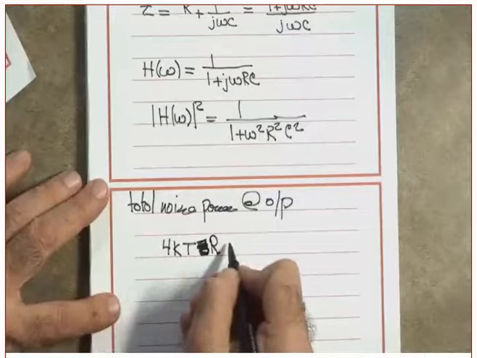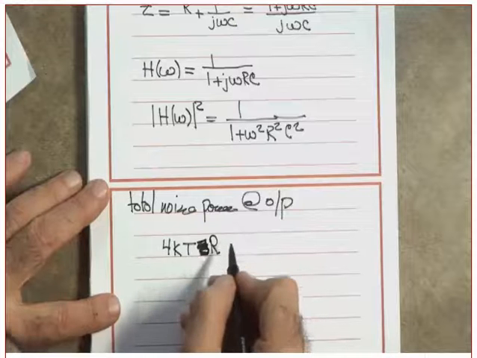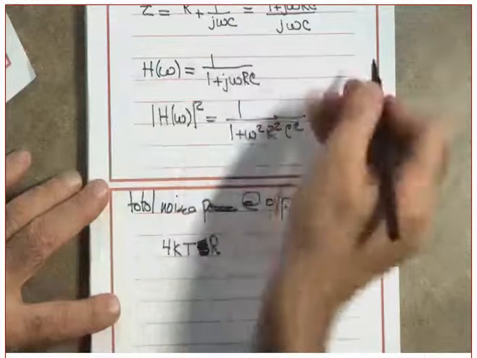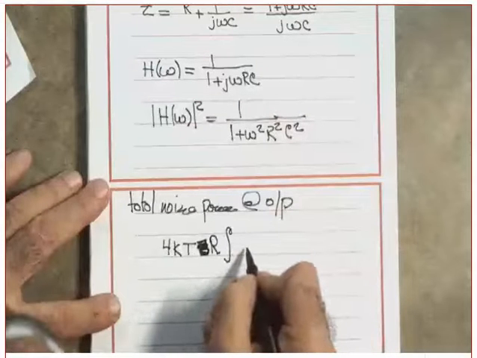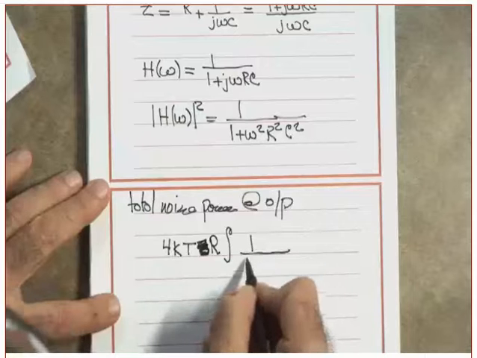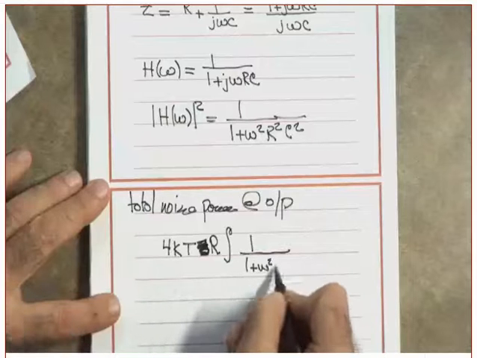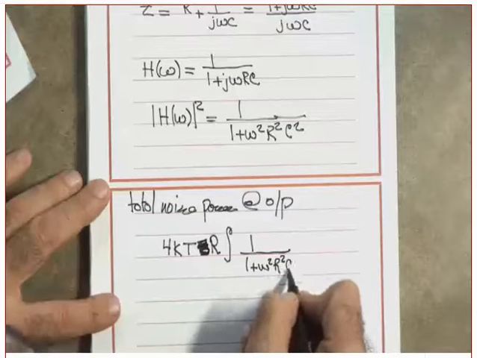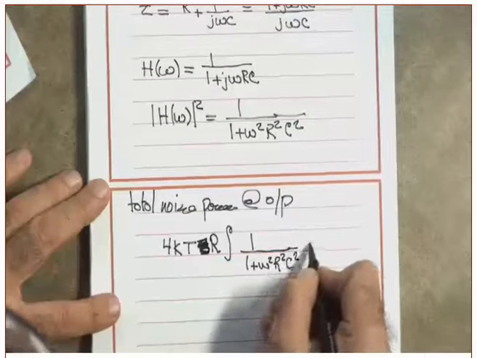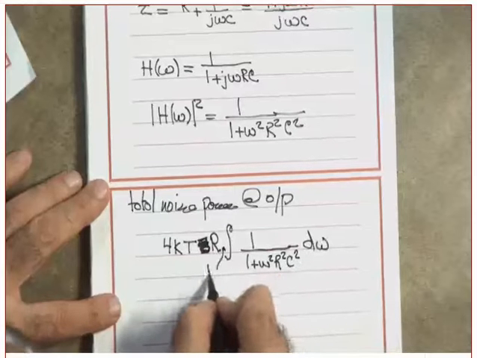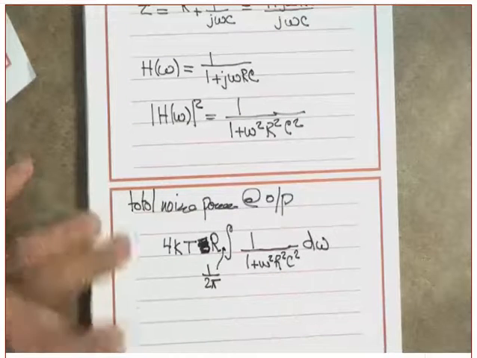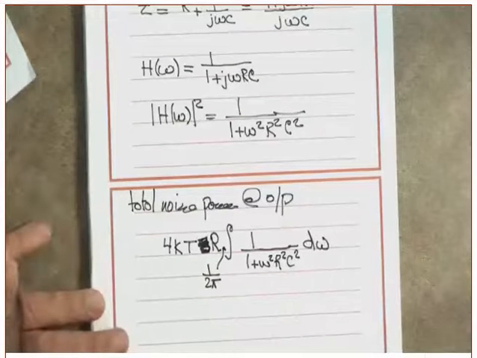Now, but I cannot write B. Why can't I write B? Because this is not flat. So I need to integrate over 1 plus omega square R square C square, d omega. Now I think there is also a 1 over 2 pi factor. Are you following me or not?